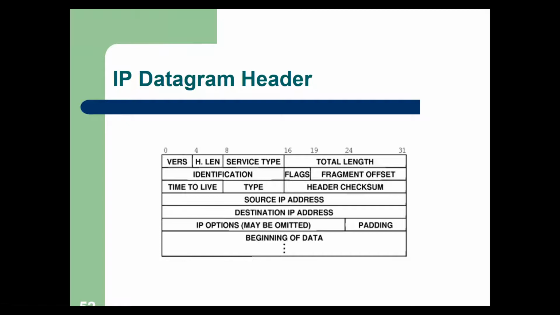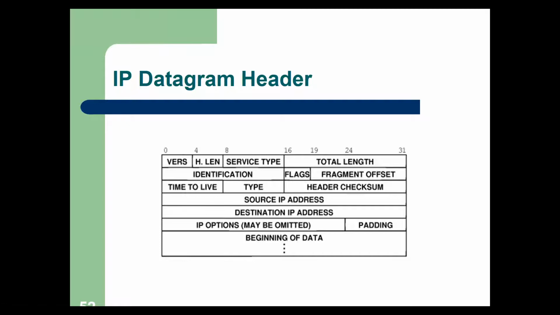But if it is going roundabout, that 64 will be consumed in the path itself, and we will know that it has been consumed and is not able to reach the destination, and that packet will be dropped, because these hovering packets moving over different nodes may cause congestion in the network. So after the time to live expires, those packets are discarded.